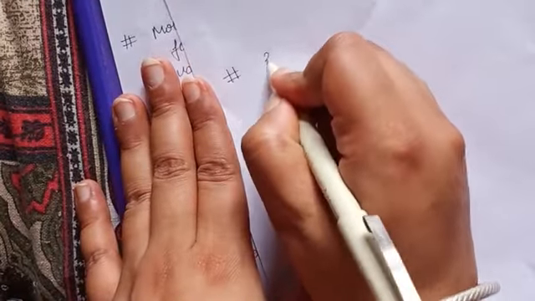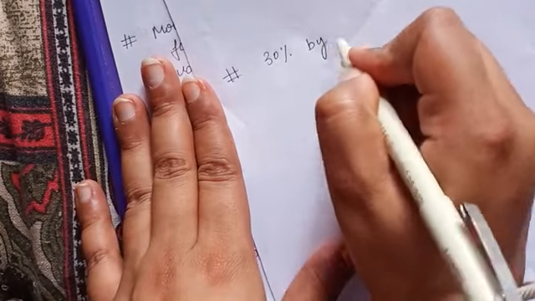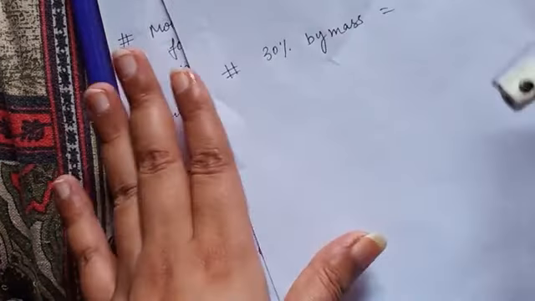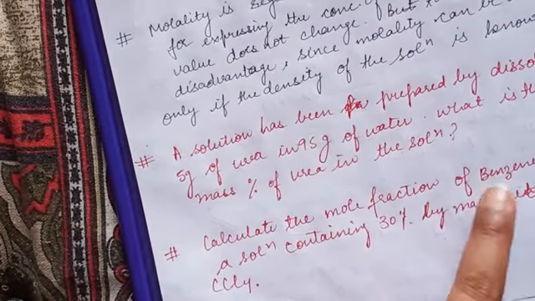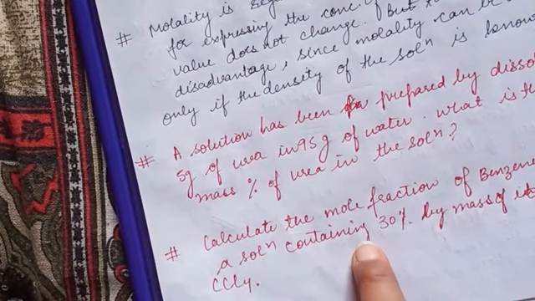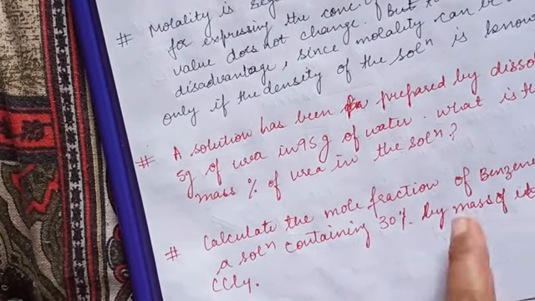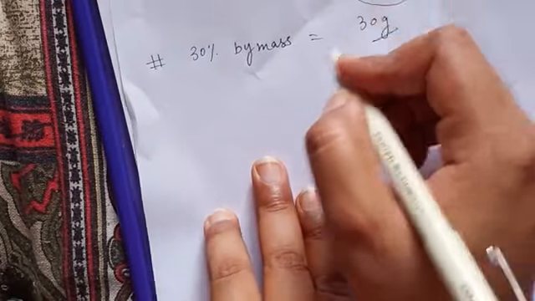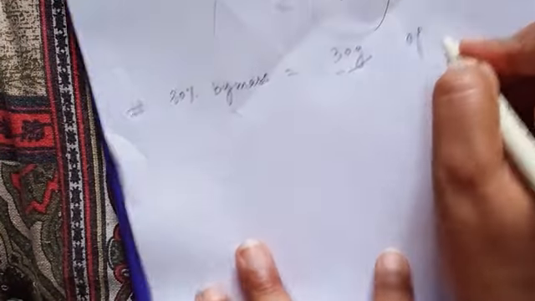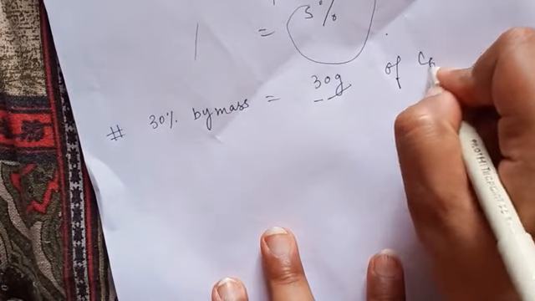Whenever they say 30% by mass, that means you have to automatically consider 30 gram. Automatically 30% by mass, that means 30 gram of benzene, C6H6.